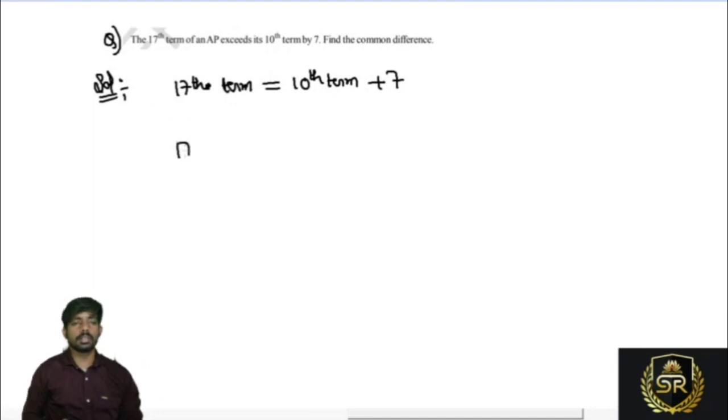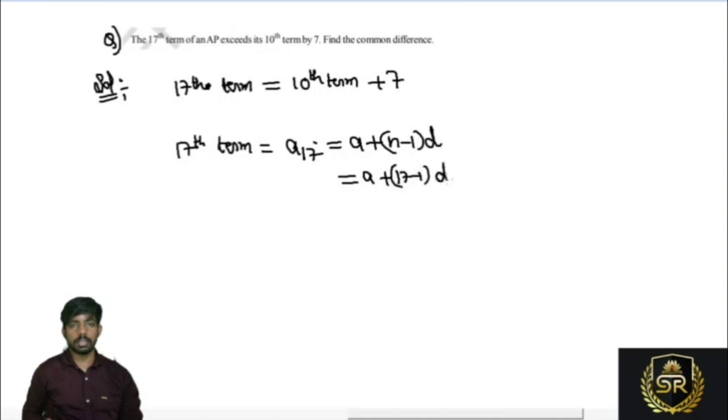17th term is A17. A17 can be written as A plus (n minus 1) into d. Here n is 17, so substitute 17: A plus (17 minus 1) into d, which is A plus 16d.